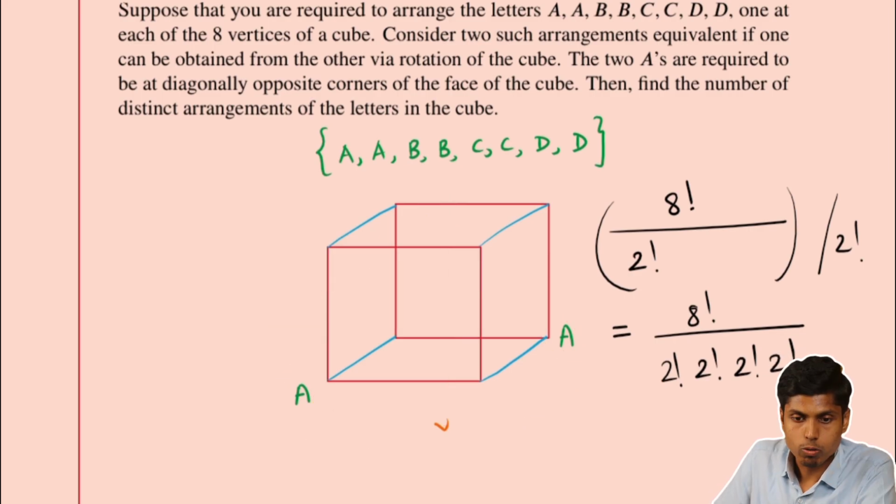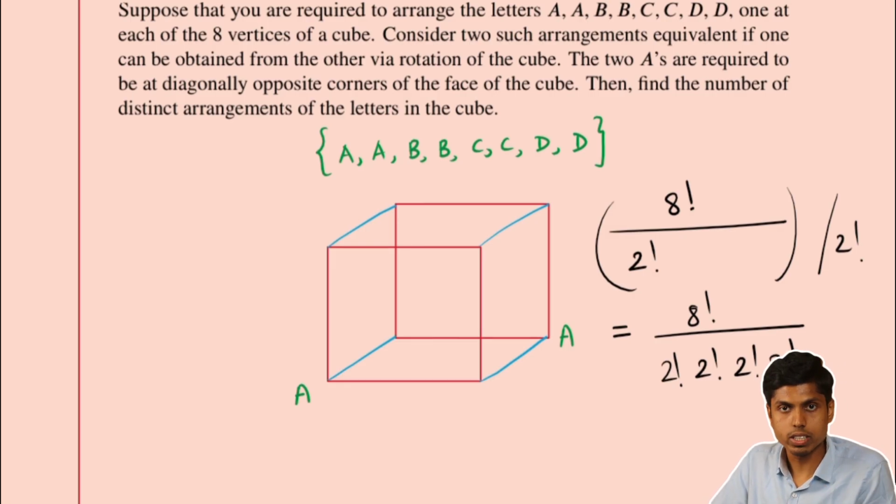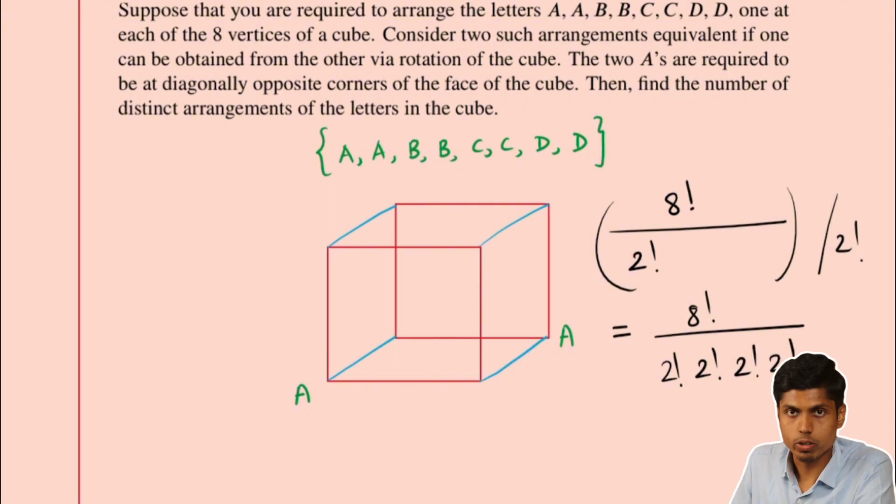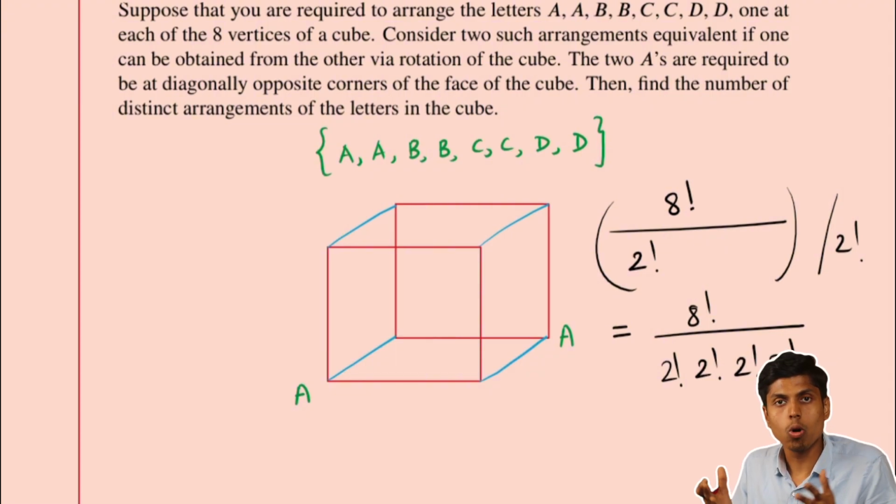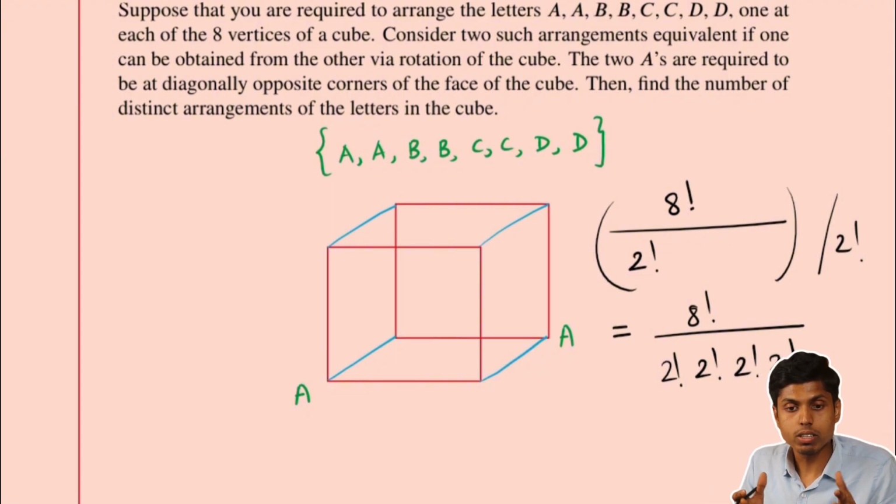So now we have to consider, or at least we will use that rotation to make sure that we are not overcounting. Because if you do not consider that rotation, then probably you are overcounting that rotation with the actual original one.